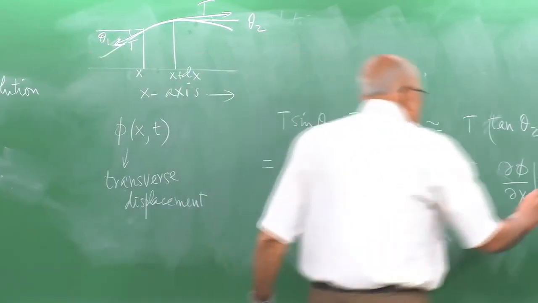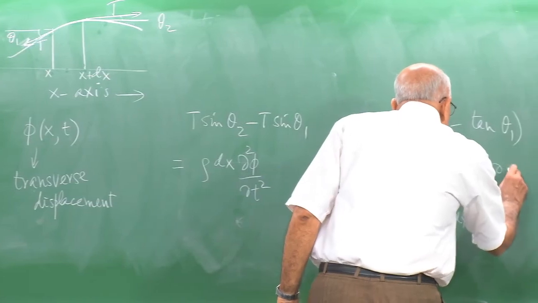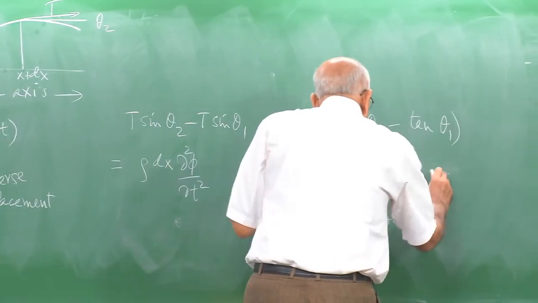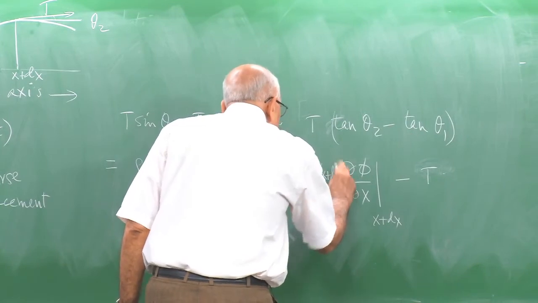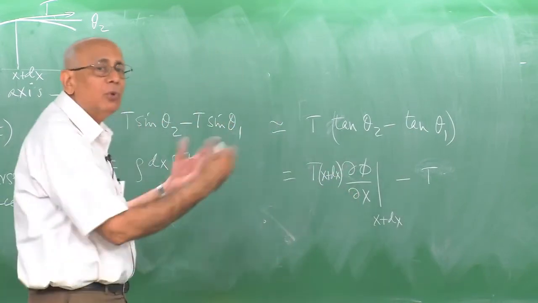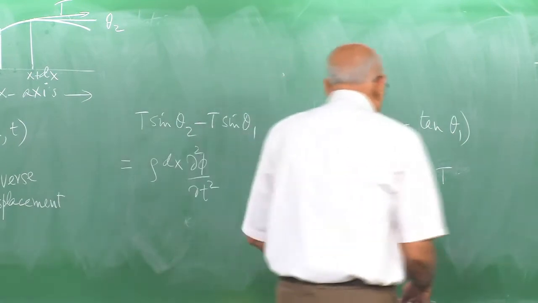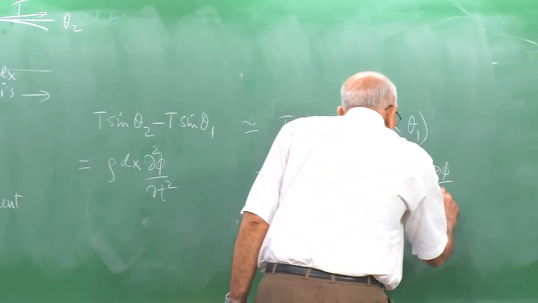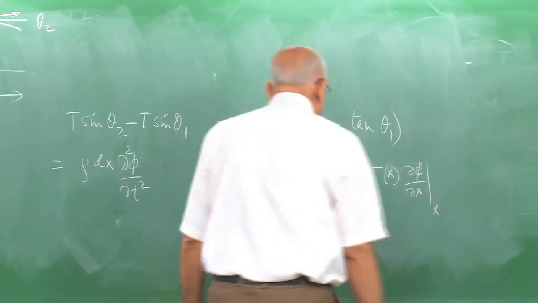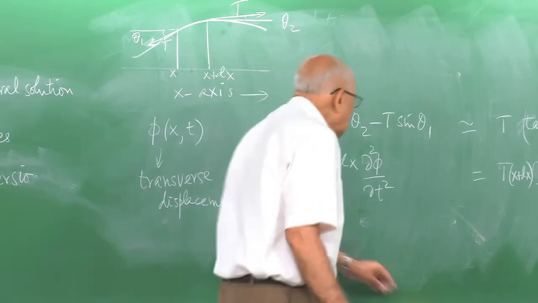So, this is T at the point x plus dx times this, minus T times delta phi over delta x at the point x. So, we are even allowing for the fact that the tension itself could change as a function of x, T of x. And what does that give you?